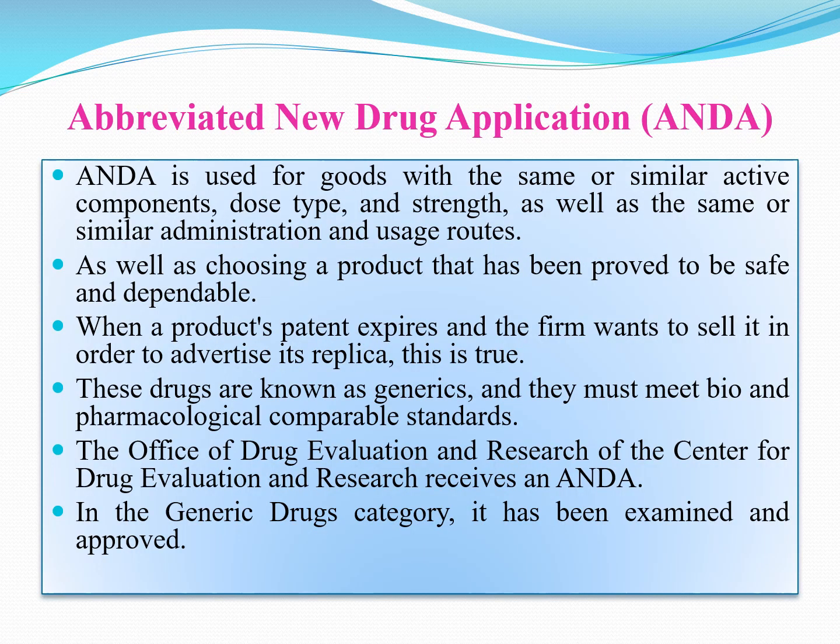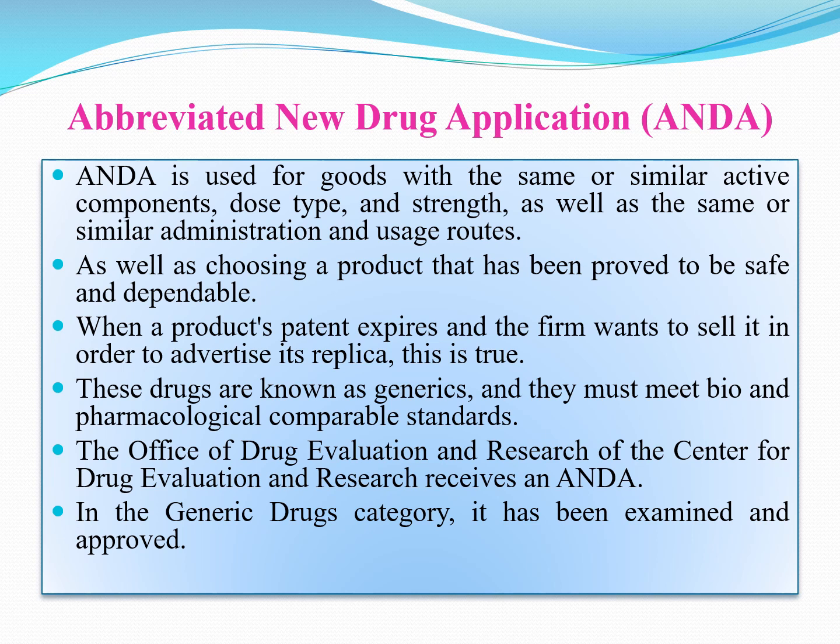Coming to the next type of application, that is ANDA, Abbreviated New Drug Application. ANDA is used for goods with the same or similar active components, dose type and strength, as well as the same or similar administration and usage routes, as well as choosing a product that has been proved to be safe and dependable.